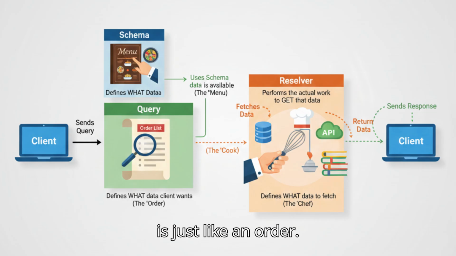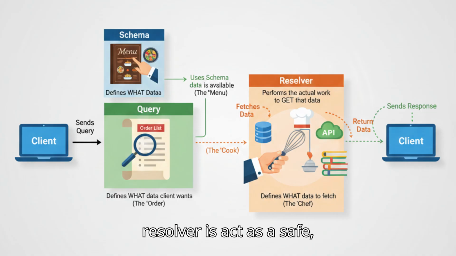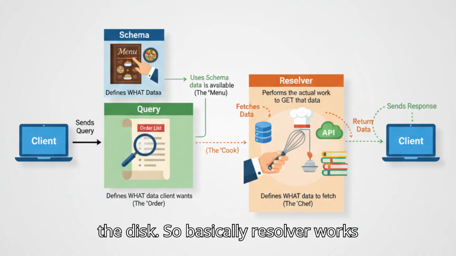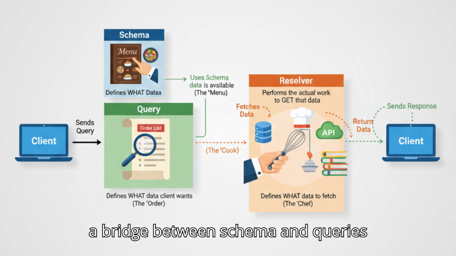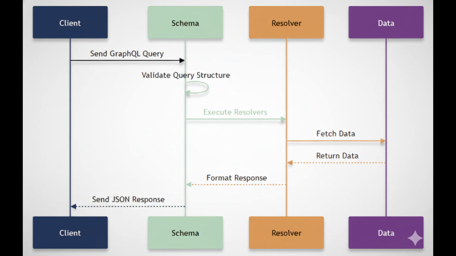The query is just like an order, what the customer actually wants, and the resolver acts as a chef, the one who knows where the ingredients are and how to prepare the dish. So basically, a resolver works as a bridge between the schema and queries and your data sources. It parses the data from the data sources and formats it the way the client wants.